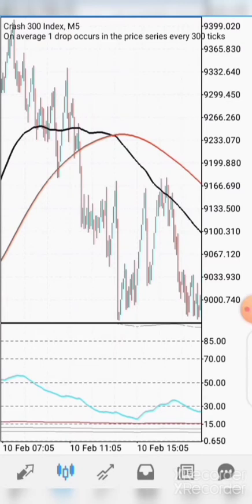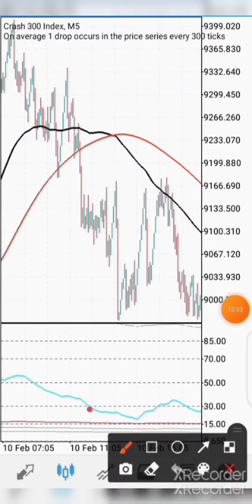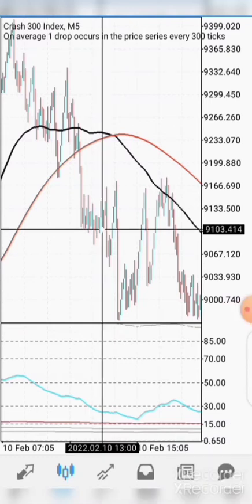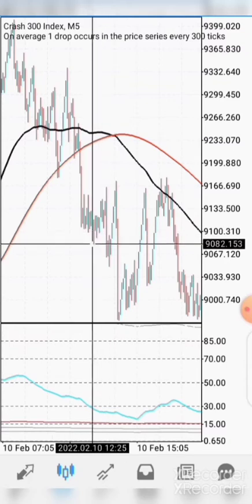So another thing here is this. If you don't have a big account, once the price touches this level 30 here, just close your trade. Look, it has touched level 30.